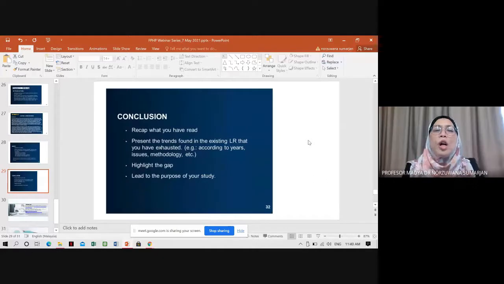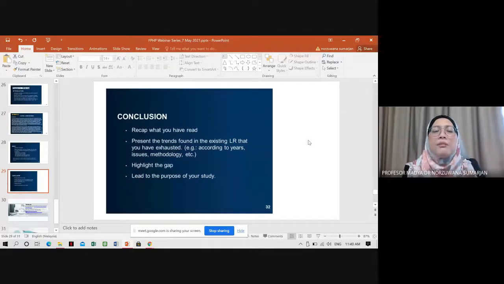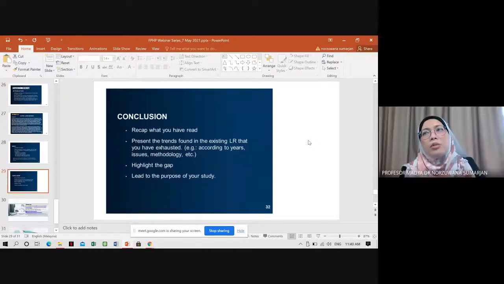Okay, so with all this information, at the end of the day, you can highlight the gap found in the literature and finally lead the readers to the purpose of your study. This is very important, and this is sometimes what students always fail to do. Okay, they don't highlight the gap and do not lead the readers or panels to the purpose of the study.